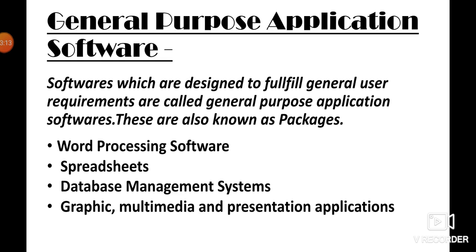First is the general purpose application software. See, all these four types are types of application software. Means they all will do a specific task, but with respect to that task, some software are designed in such a way that they can be used in multiple organizations.